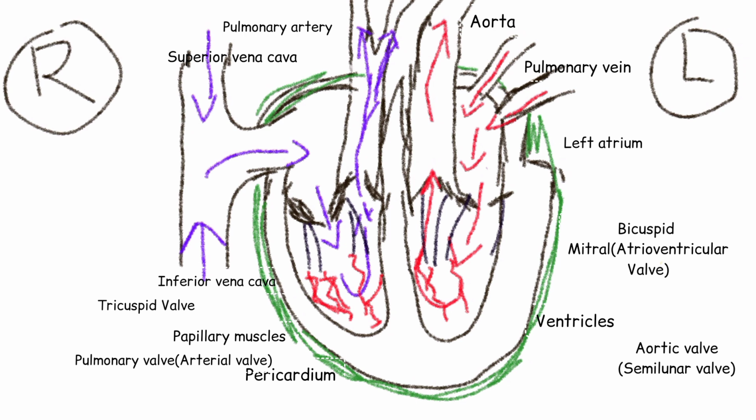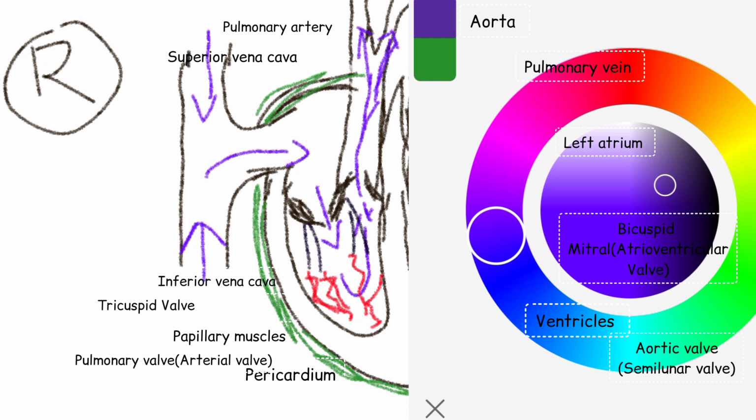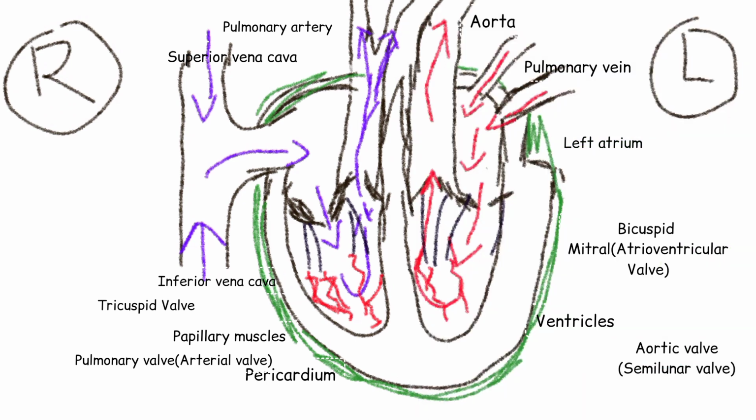Now, lining the inside of the heart, we have a layer of squamous vascular endothelial cells. It's a very thin layer that goes all around the inside of the heart, and this is very important to make sure we have smooth blood flow, because we don't want any turbulence in the blood flow through the heart.